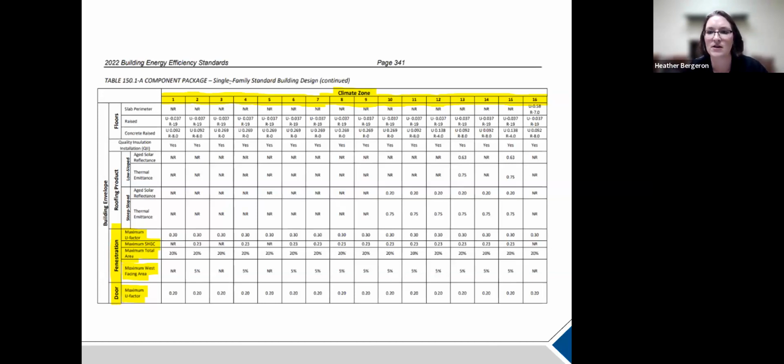I have a chart here that I'll show you in a minute. But you can clearly see here, based on fenestrations and doors, where your climate zone would be and where you would fall within that climate zone. So if you're in a maximum U factor rating, it looks to be from a 1 through a 16, you're at a 0.30 maximum U factor here.